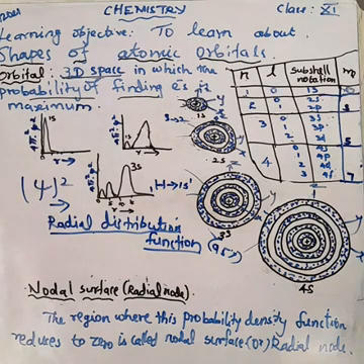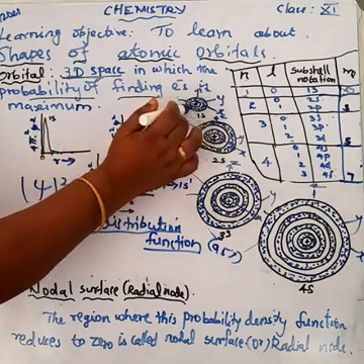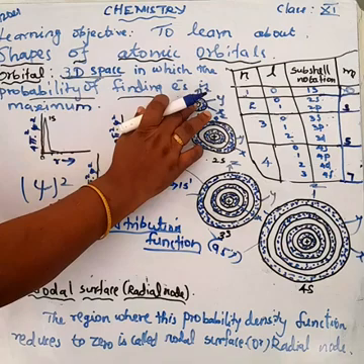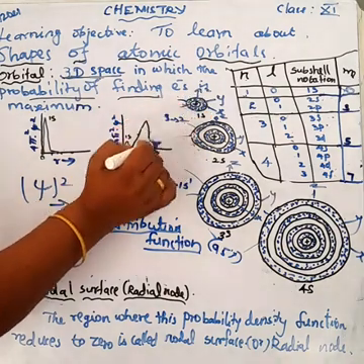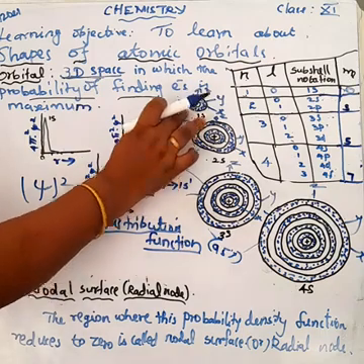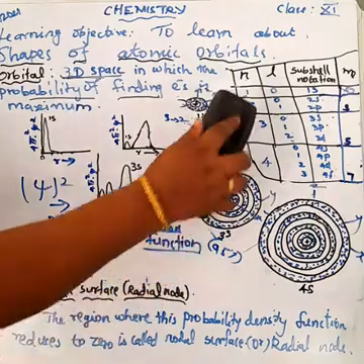For the 1s orbital, the electrons are very close to the nucleus. In the 1s orbital there can be 2 electrons, but for the hydrogen atom only 1 electron. This electron is very close to the nucleus. R means the distance between the nucleus and the electron.